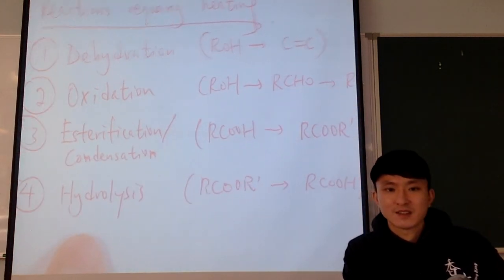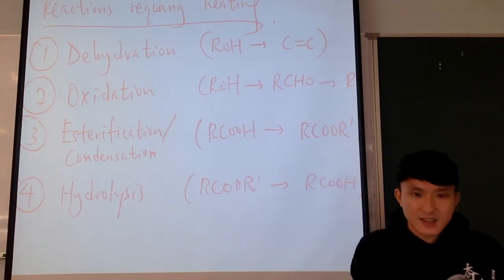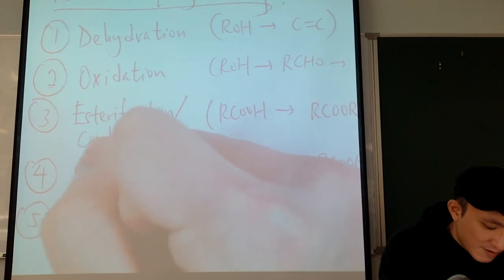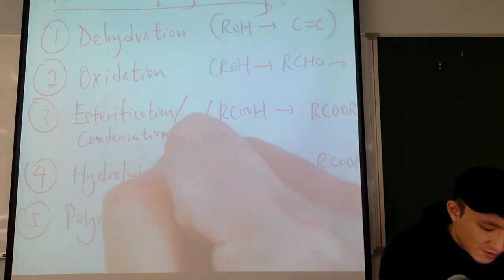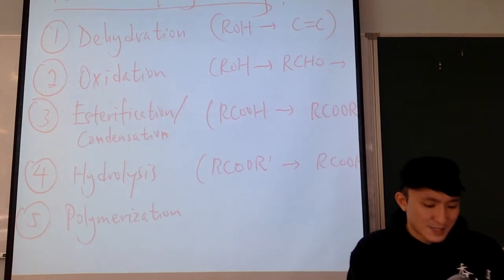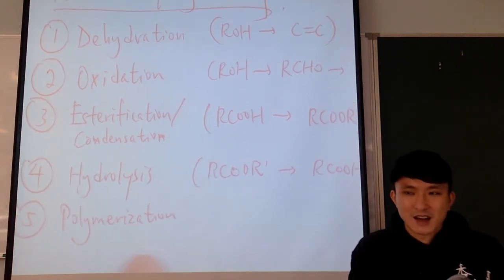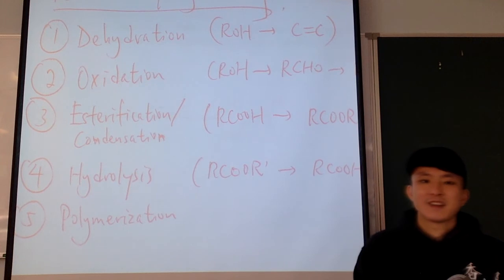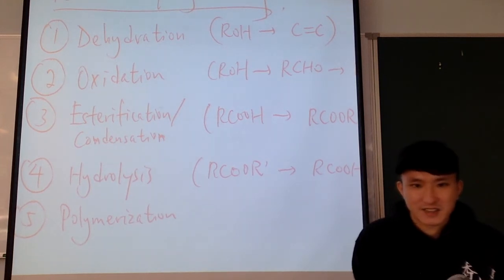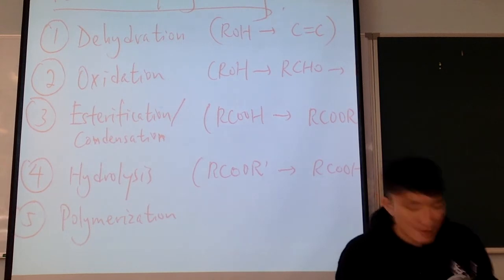So these reactions require heating. And there's actually one more, which is polymerization. Even though it is not specifically concerned in the organic synthesis map, polymerization requires heating. This is quite obvious. Okay?